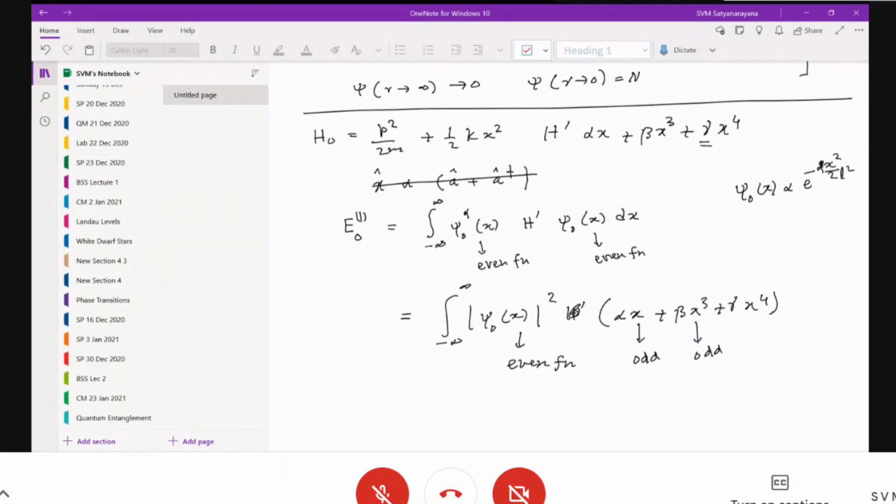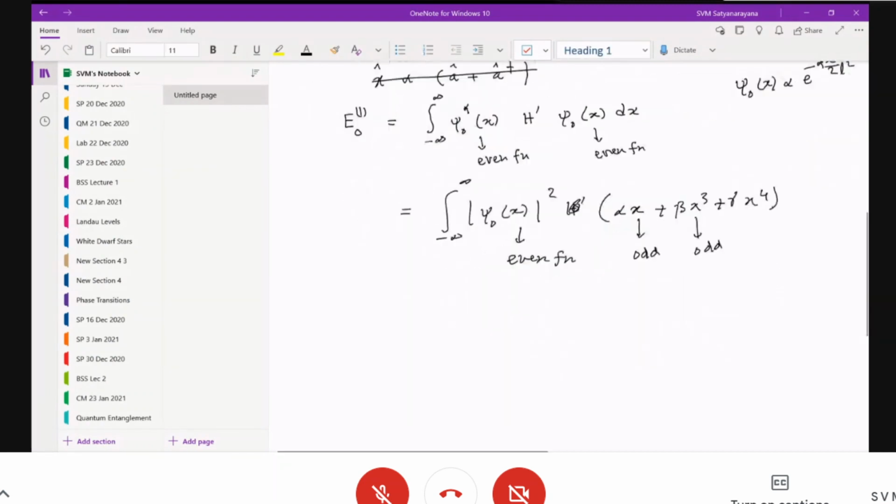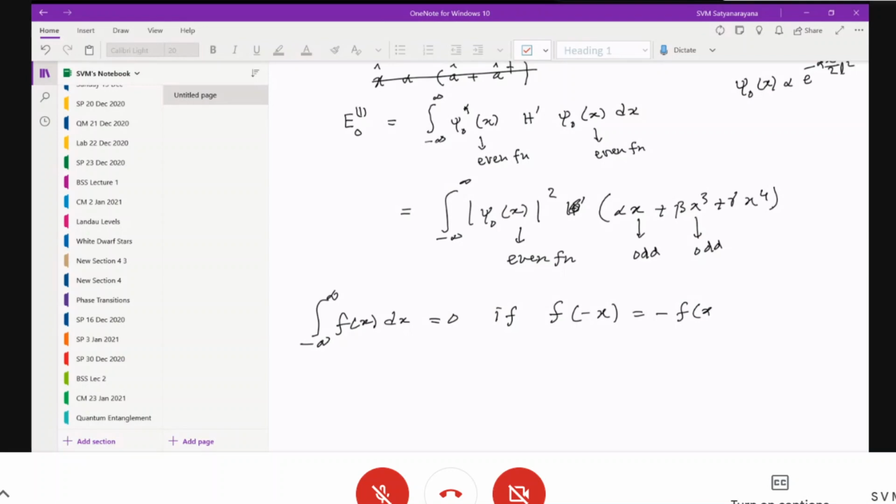And this is a general result that the integral from minus infinity to infinity of f of x dx is equal to 0 if f of x is an odd function, if f of x is equal to minus f of x. So this is a general result, no? Yes.